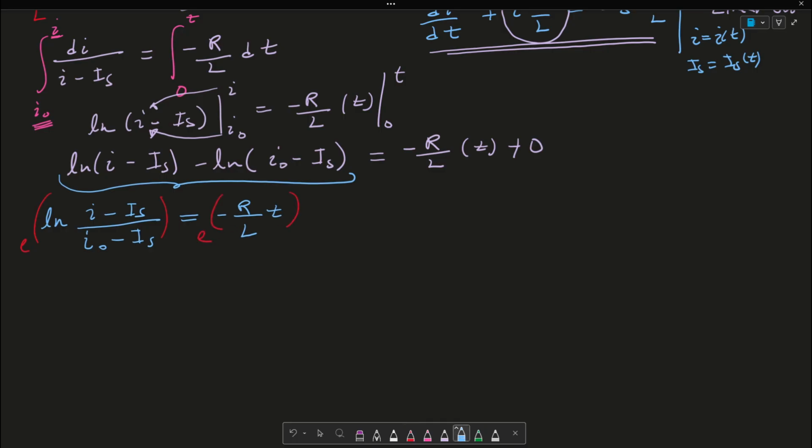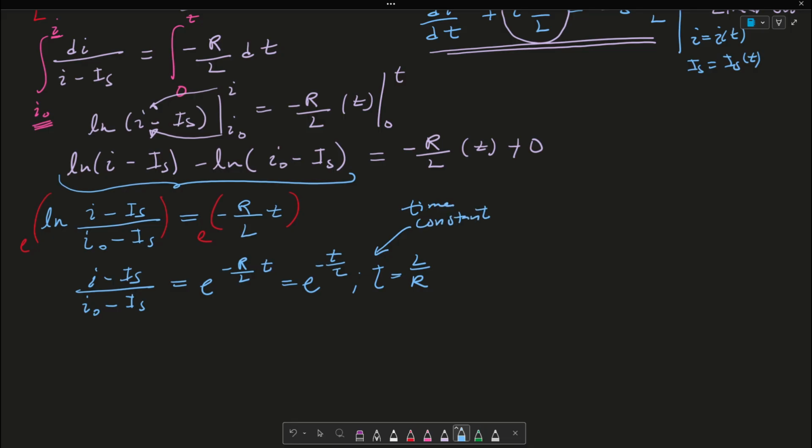And essentially what I'm left with is I minus is over I0 minus is is equated to e to the minus R over L t, which I can rewrite as e to the minus t over tau, where tau is equal to L over R, and this is what's called my time constant. All right, it's a very, very important term.